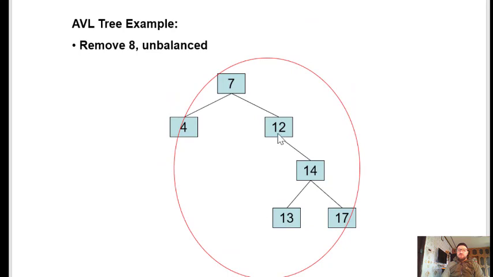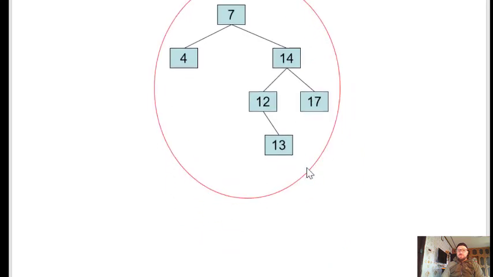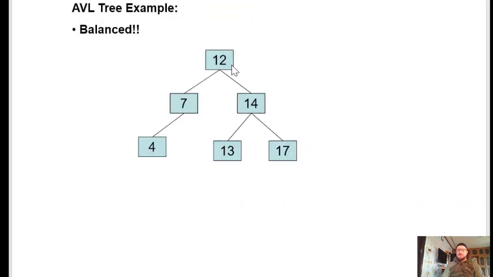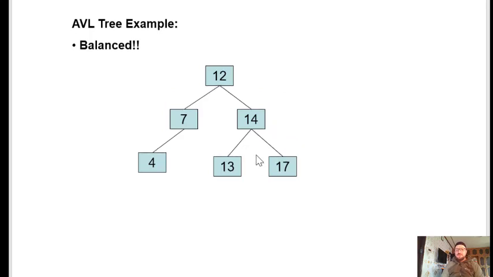You rotate first 12 and 14, because this is the RL rotation here. So 12 comes here, 14 comes down like this. Then rotate 12 and 7, make 7 the child of 12, and this will be pretty balanced.